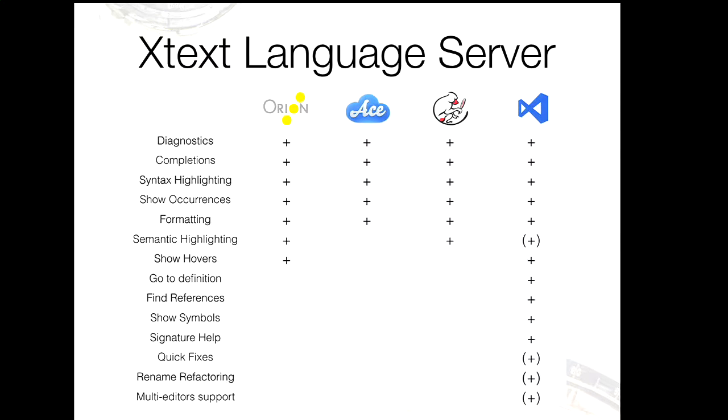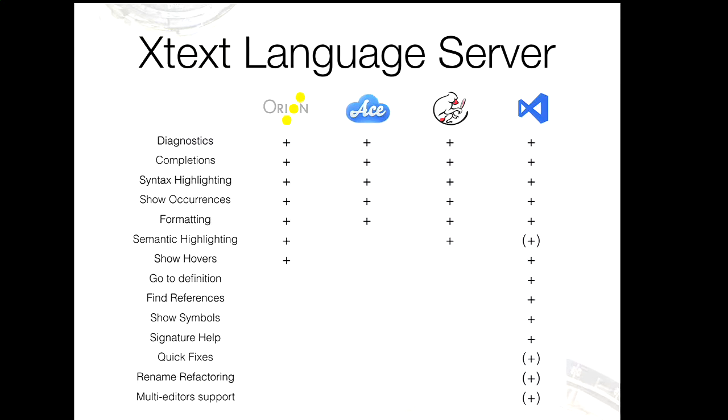So Monaco is one web-based editor widget that supports this protocol, and that can be used to attach to our implementation of the language server. And this gives us a much richer set of features if we use this kind of protocol with this editor, compared to what we have with our previous Web API.